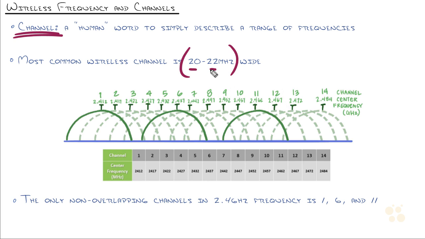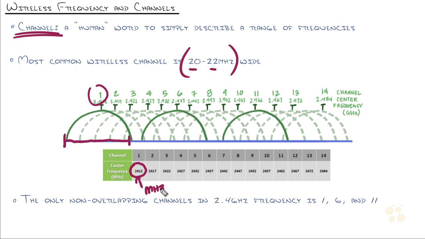Some of the older ones had 22 megahertz, some of the newer ones are 20. So they just say, for instance, channel 1 really represents a range of frequency that's about 20 megahertz wide, of which the center frequency is 2412. Now that's in megahertz, but we usually would say 2.412 gigahertz, right? That's why we always say the 2.4 gigahertz frequency spectrum.